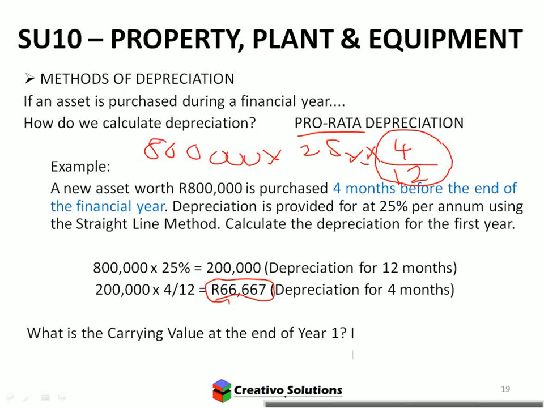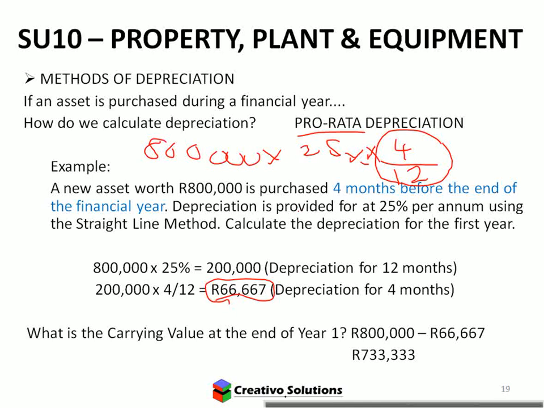Not for the full 12 months. Yes, because you've only used it for 4 months. 66,666. Okay, yeah, the comma is just for the thousands. So that's the carrying value at the end of year 1.